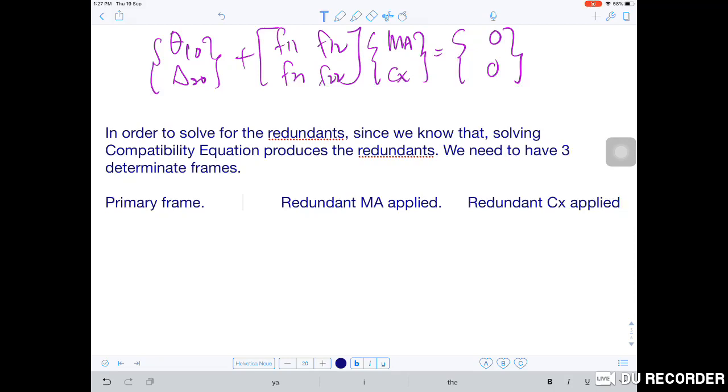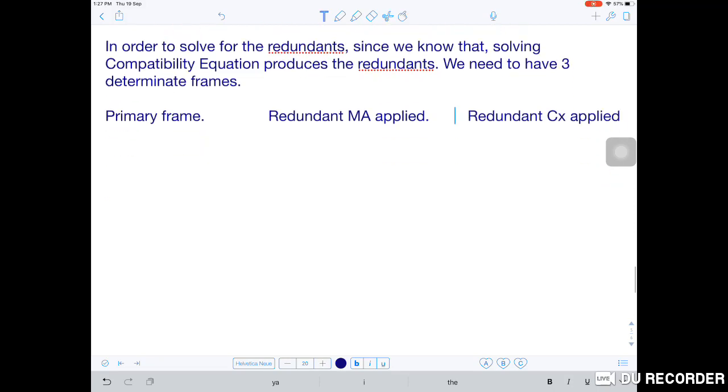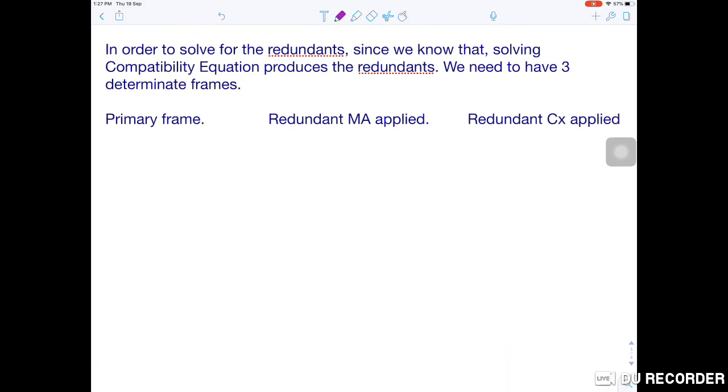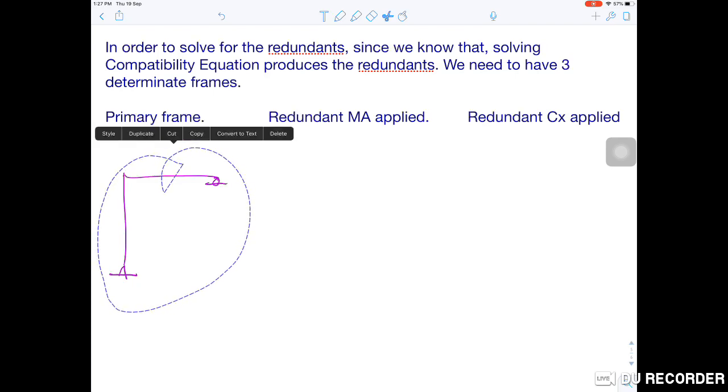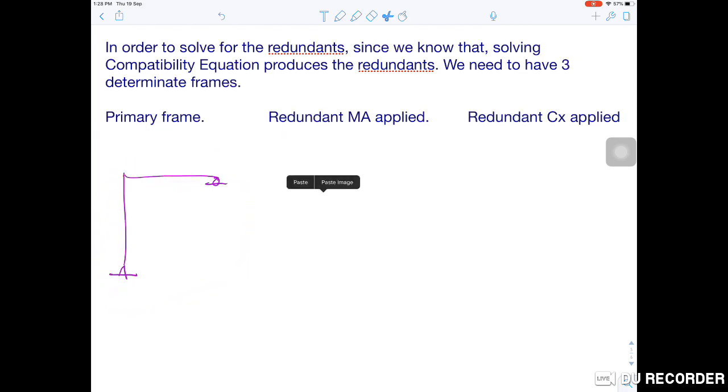Okay. For the primary frame, we have the frame. Now A becomes a pin because we have removed the moment, and this one becomes a roller. So we have 3 same frames. Copy, paste.